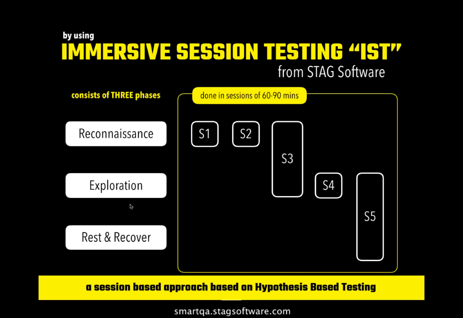So how can one apply this? By using a session-based approach. And this is titled as Immersive Session Testing, or IST. And what we do in this is to look at the act of evaluation of software as a 3-phased approach of reconnaissance, exploration, and rest and recover, done in short sessions of 60 to 90 minutes, where a session may be exclusively one of these phases, like just reconnaissance.